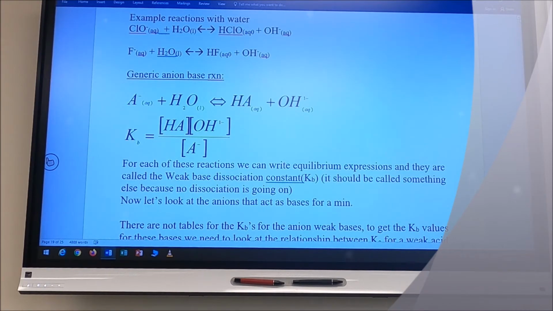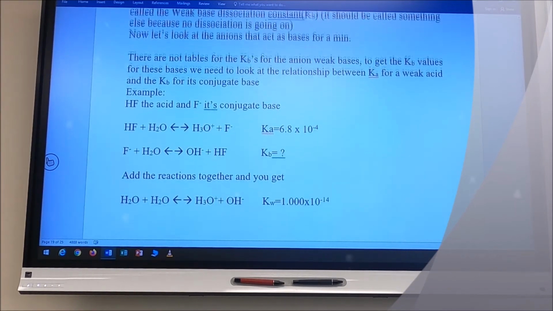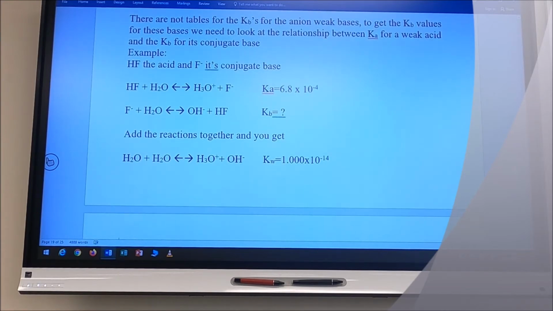When you look for tables of Kb values for anion weak bases, you're not going to find them. That's because of a conservation of print material. There's a relationship between the Ka of a weak acid and the Kb of its conjugate base.